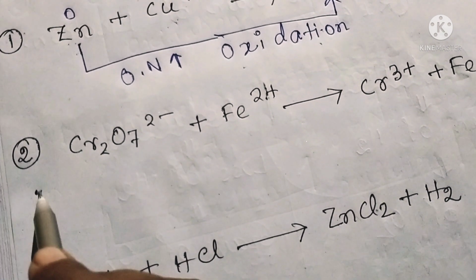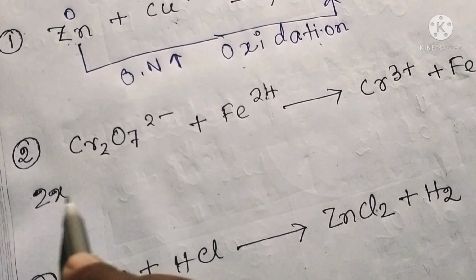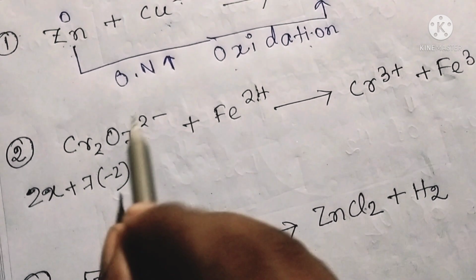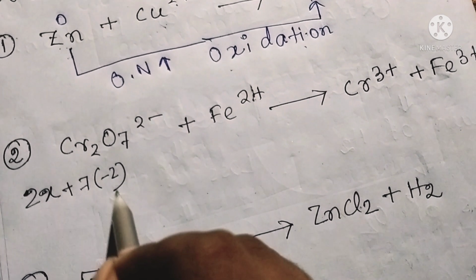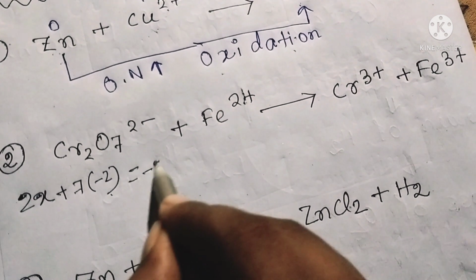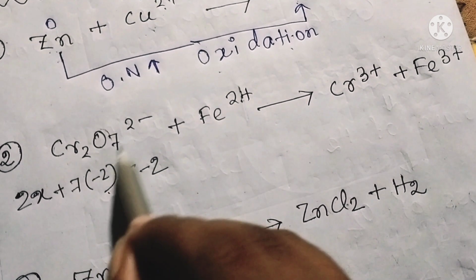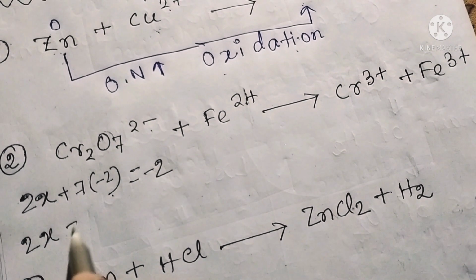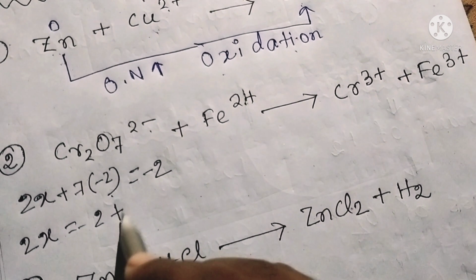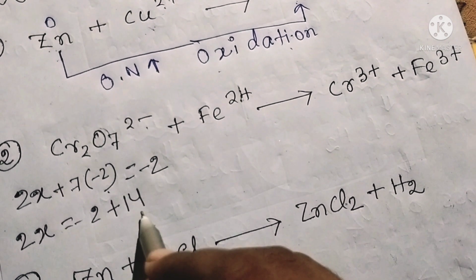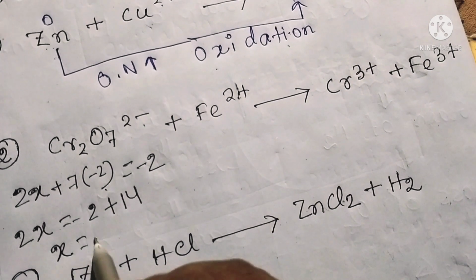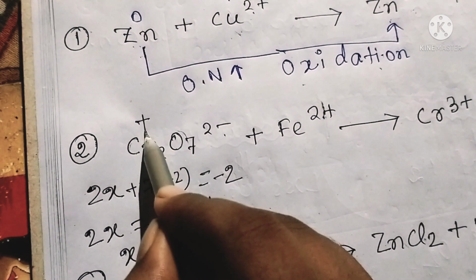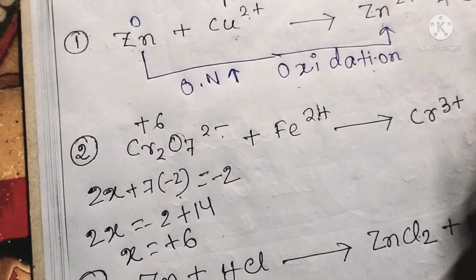So 2x plus 7 into minus 2, because the oxidation state of oxygen is minus 2, equals minus 2, because the total charge on the ion is minus 2. So 2x equals minus 2 plus 14, that means 12. So x equals plus 6. That means the oxidation state of chromium is plus 6.